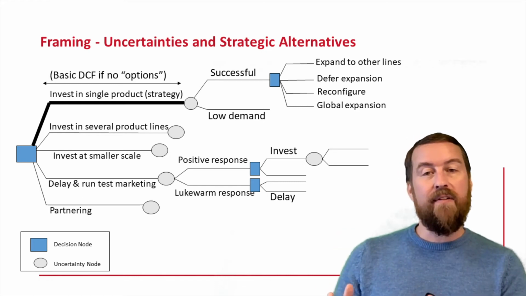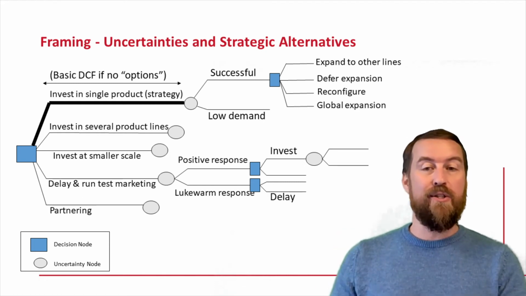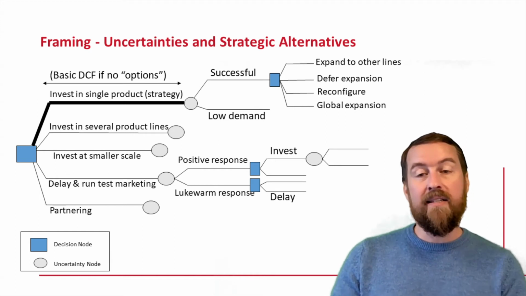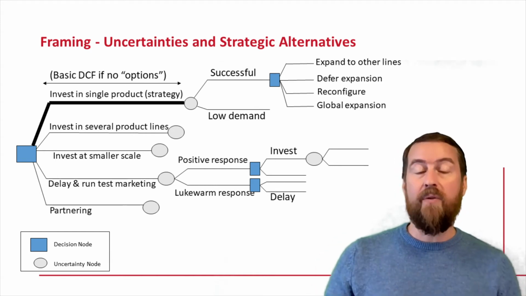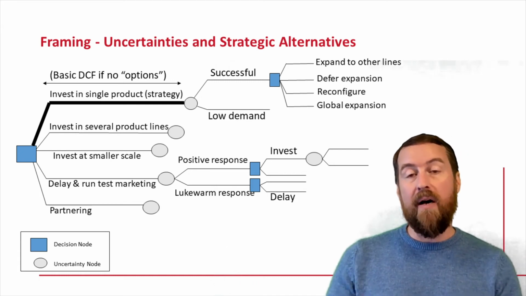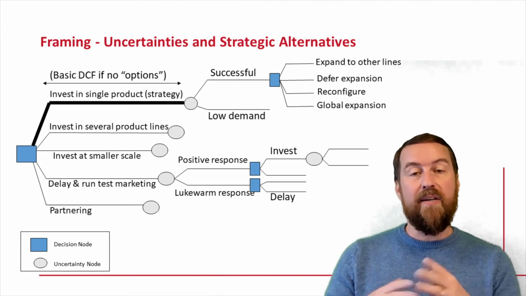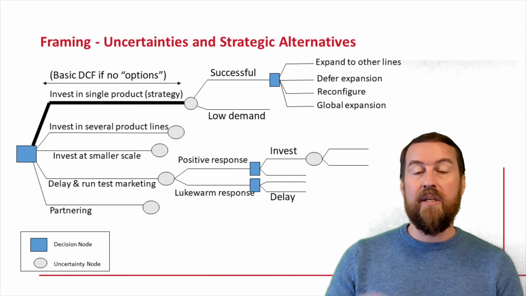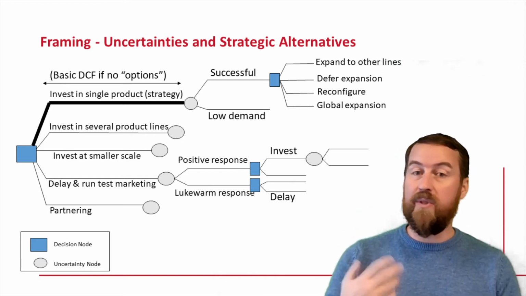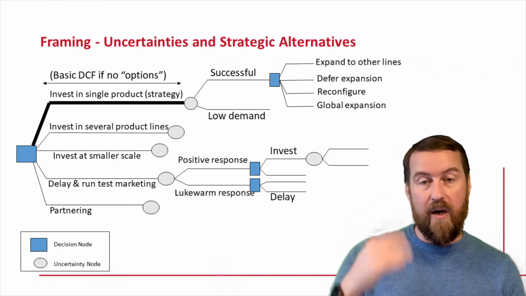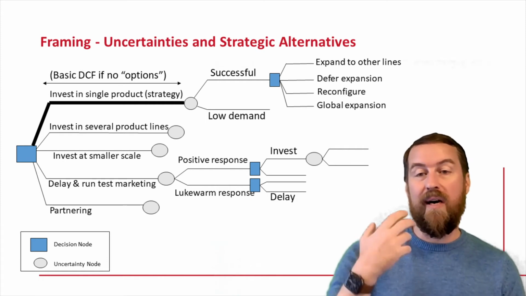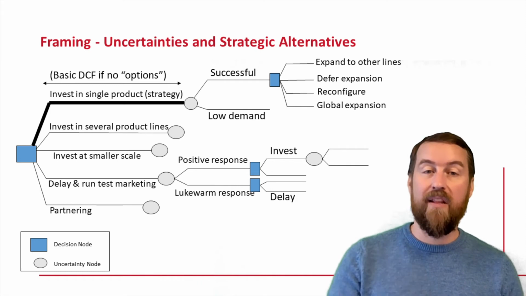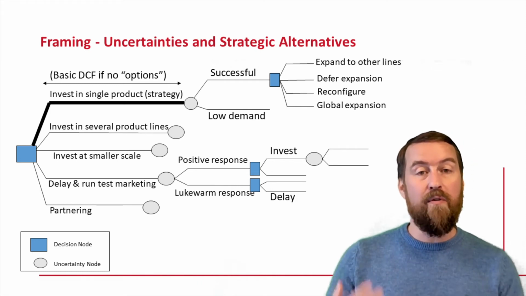The first level where we have our uncertainty nodes at the end, that's our classic discounted cash flows without any options. But when we then add on our decision nodes, we don't know how it will go, uncertainty about it, and then we put an option or a decision node at the end of it, we can move forward.